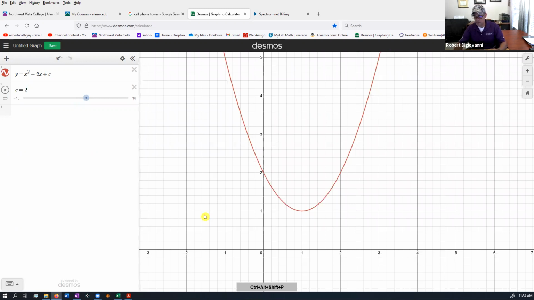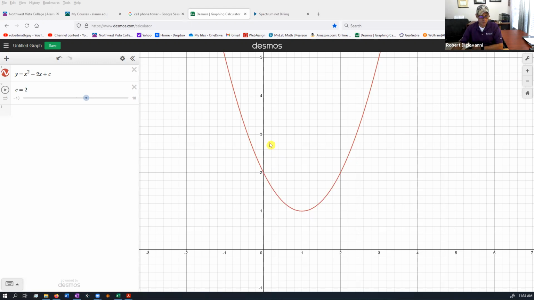Yeah, we have a vertex, right? There's our vertex. Do we have a y-intercept? Yes, there's our y-intercept. Do we have an x-intercept? No, we do not. Okay. So that means that not all parabolas have x-intercepts. Not all of them.